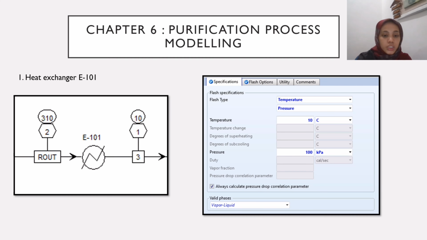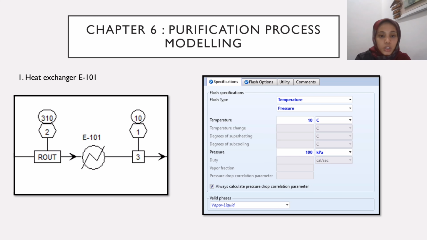We move to chapter 6, purification process modeling. Prior to separation via distillation column, we must first separate liquid and vapor into different streams to further increase the efficiency of separation. In this process, the separation sequence starts with the flash 2 column, which is V100.